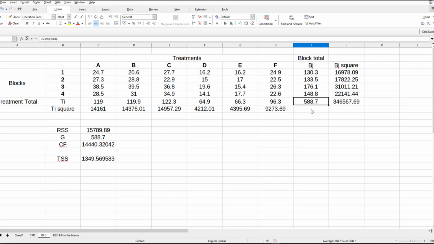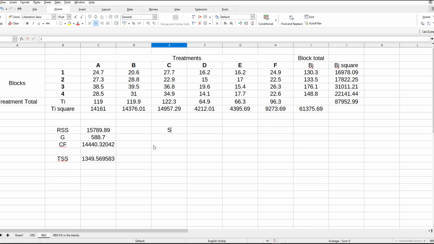This value is not needed and this value over here means the grand total, G. So we have block, let me remove this for now, right? So we need the total of B square, so I will add them, and we also need the total of this column. So this is the total of the treatment squares, total of block squares.